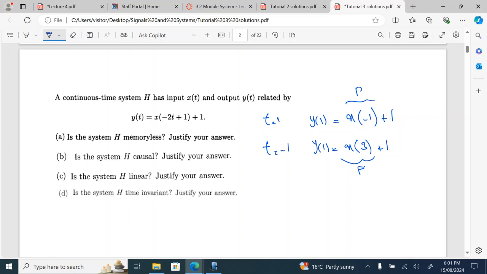Okay, linearity. It's not linear. Let's see.